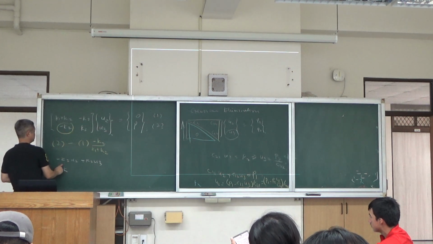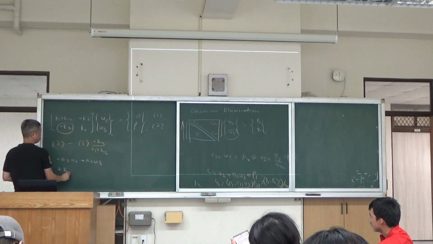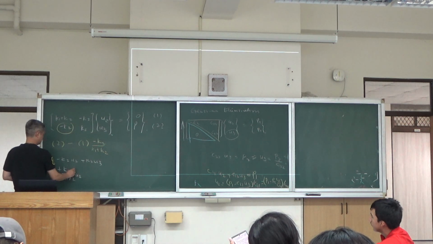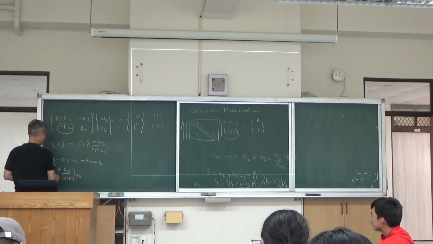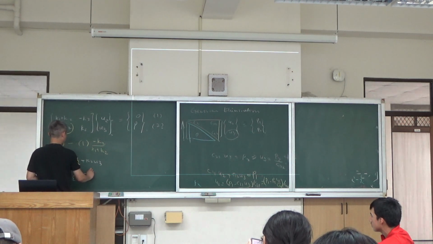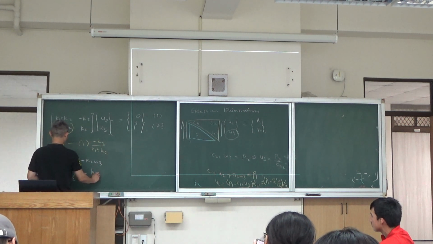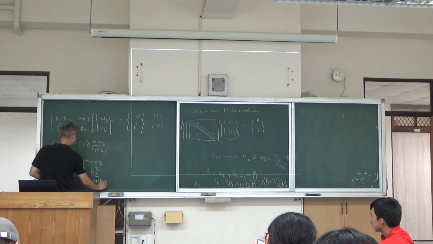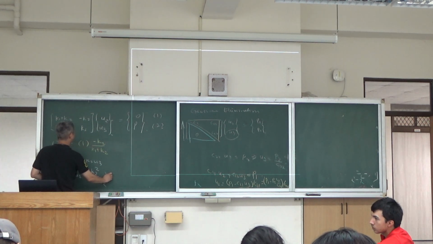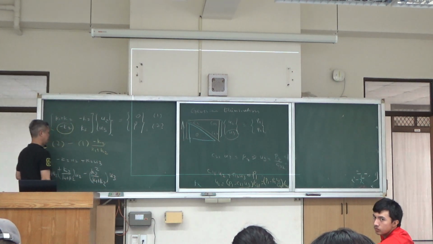So this is plus k2 divided by k1 plus k2 times the first equation, times k1 plus k2 u2. And this one is minus k2 squared divided by k1 plus k2 times u3.